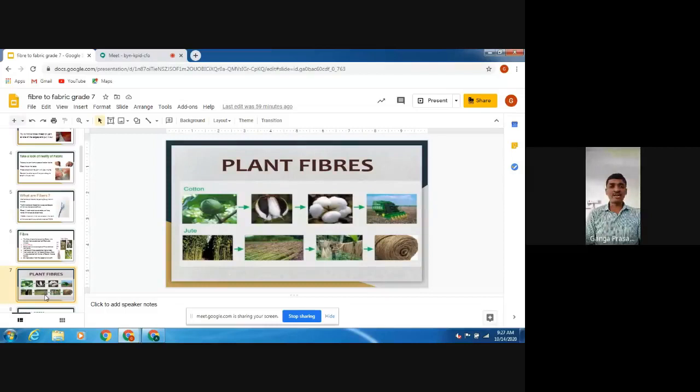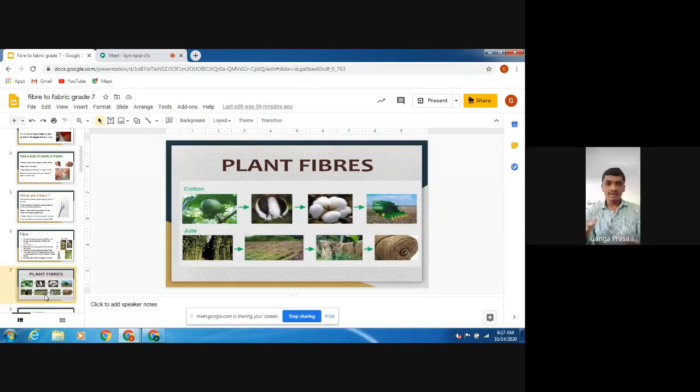Okay, Sai Kumar, do you have any doubts? Sir, the cotton fruit will bubble and the cotton will come out. Yes, it bursts. When the cotton is mature, mostly the cotton plants grow in black soil.